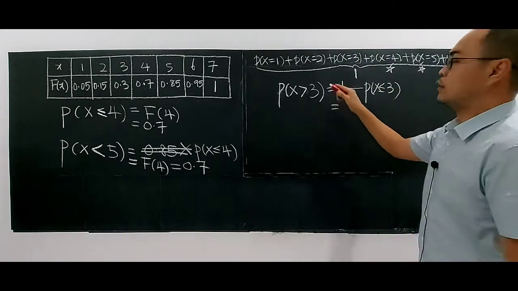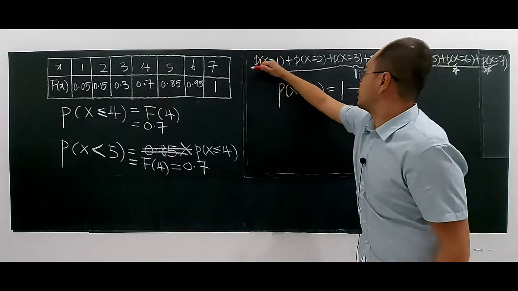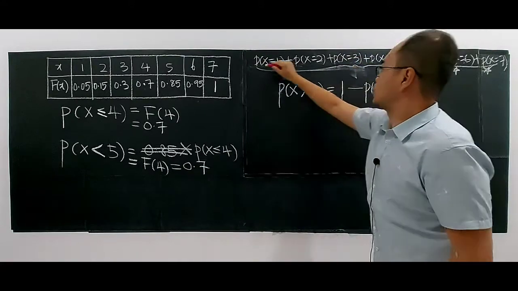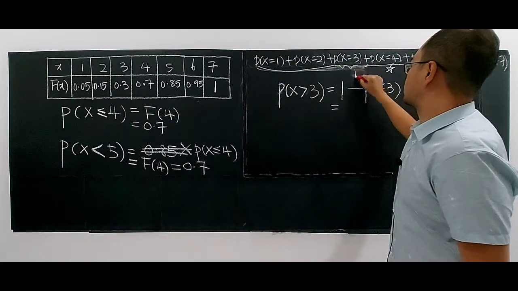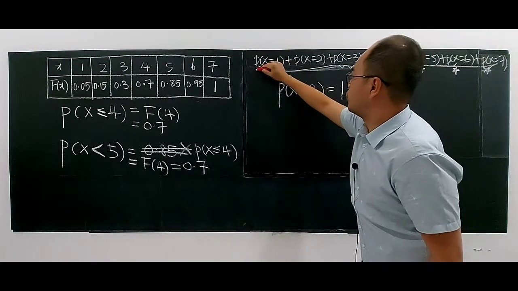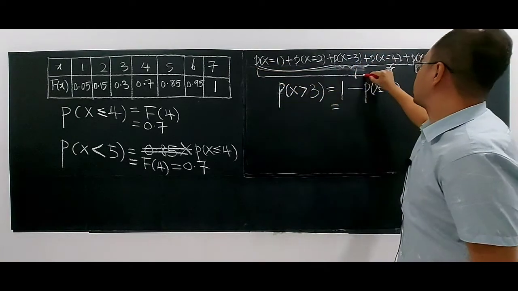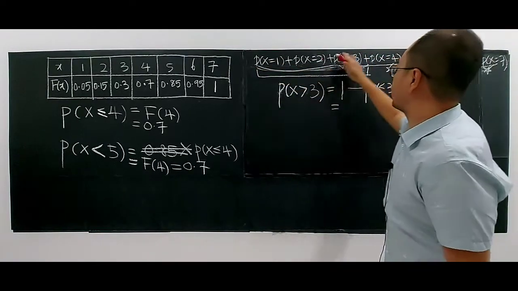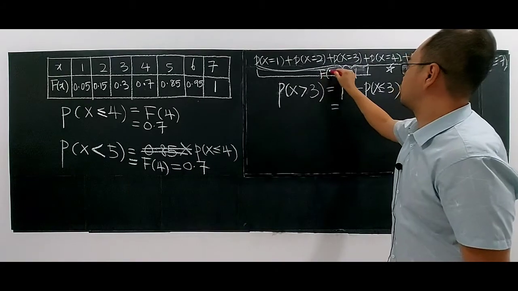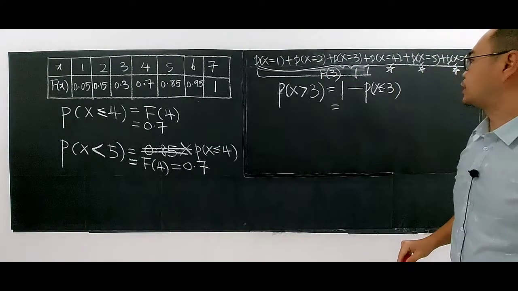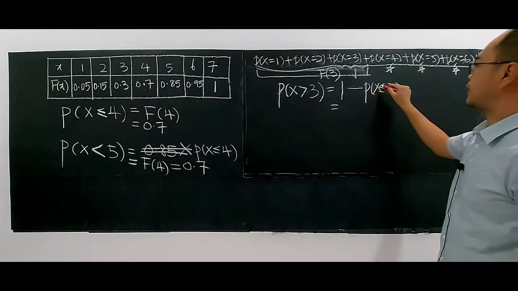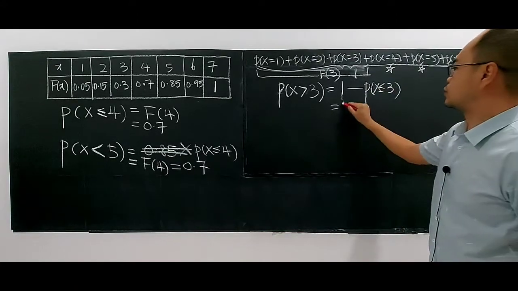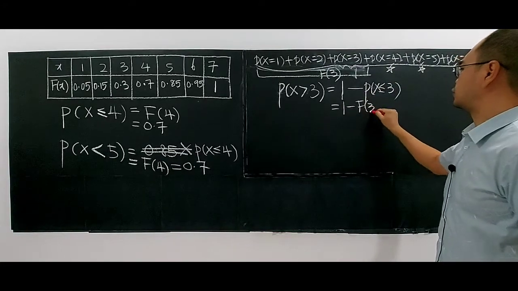Another way of writing it: this is 1, so the total is 1. But from 1 up to 3 is called capital letter F3, or P(X less or equal 3). So it is 1 minus F3.